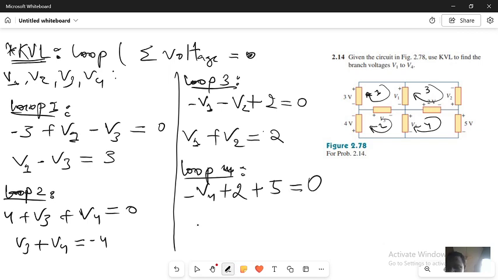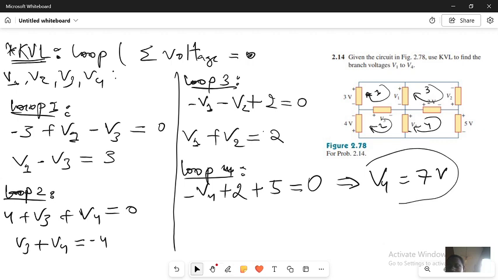This arrow comes in the beginning, this minus V4 plus 2 plus 5 equals 0. So by the end I will get V4 equal 2 plus 5, which is 7. This minus V4 comes to this side, so V4 equals 7 volts.